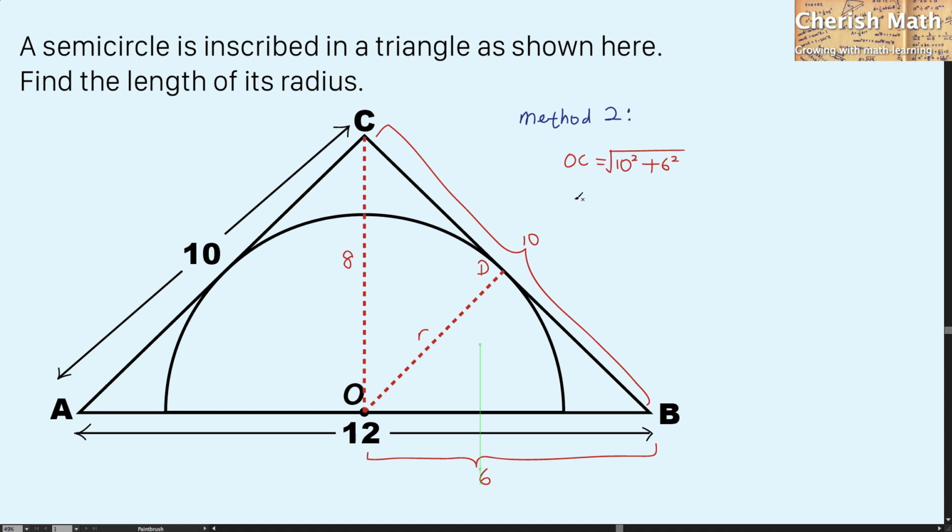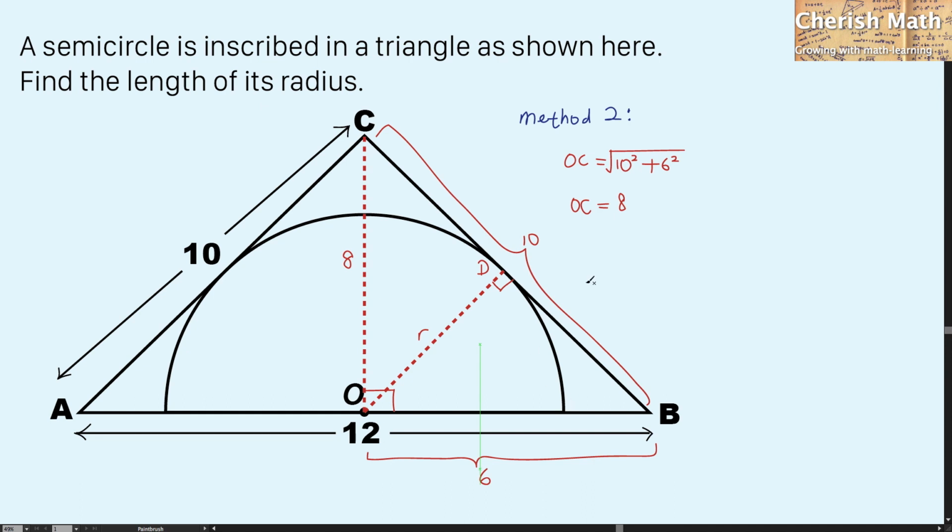So OC is in fact 8 units. I confirm that this is a right angle because BC is a tangent to the semicircle, and this part too is a right angle.